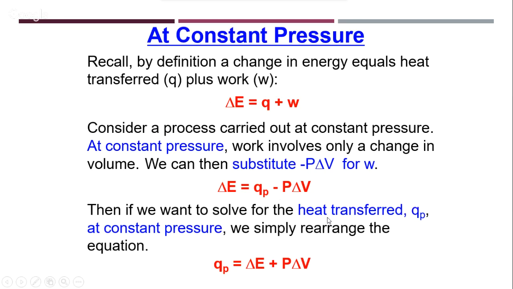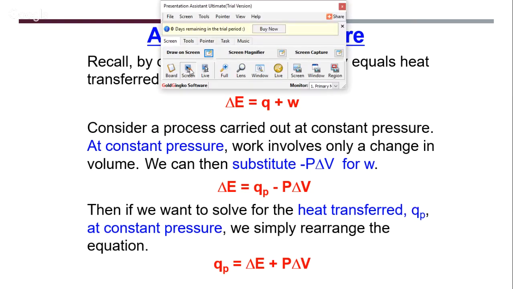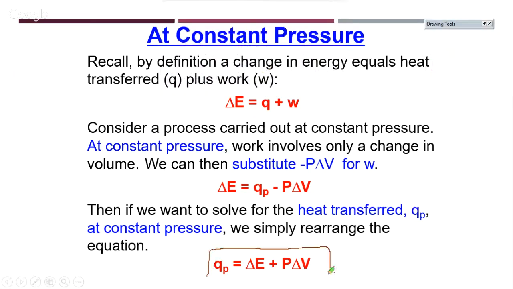This is how we derive the first law in the form of delta U, Q, and W. So now we have been able to relate Q, W, and delta U, or in our case delta E. This is the heat at constant pressure.